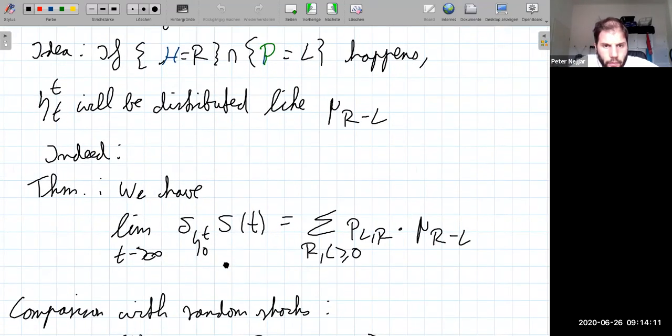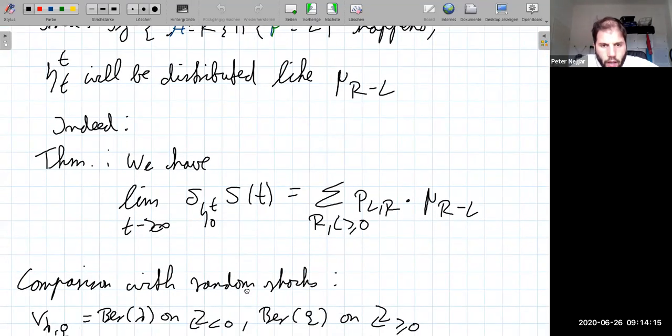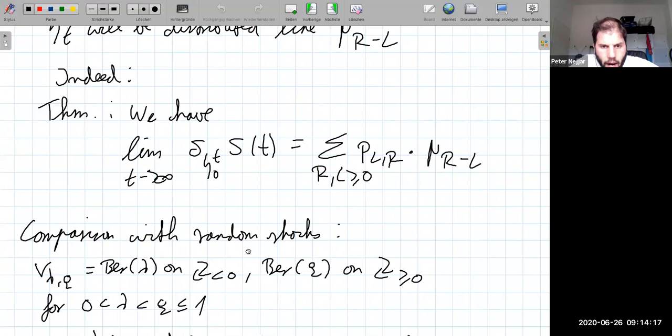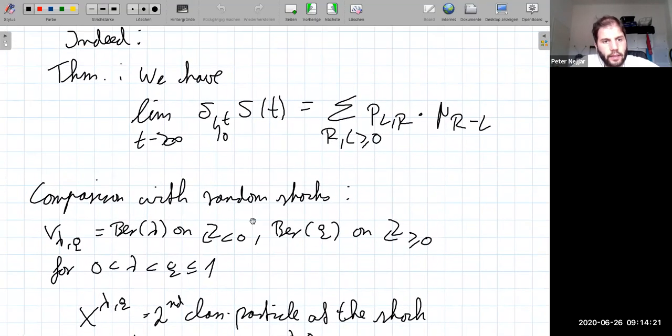Just to finish, I would just like to make a remark. So in spirit, these two results that I showed you should be compared to the earlier results by notably Ferrari and Fontes for shocks which are created by random initial configurations.